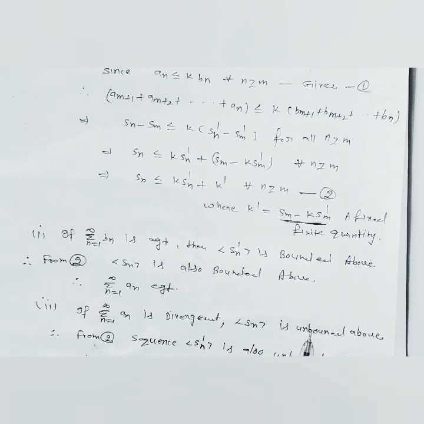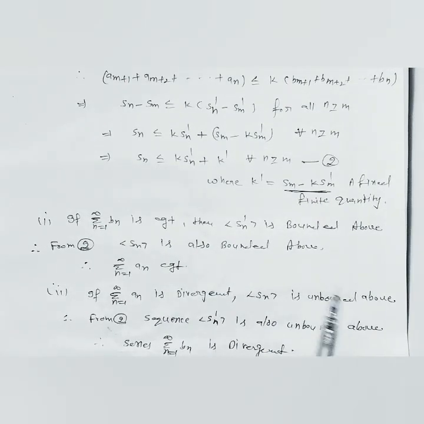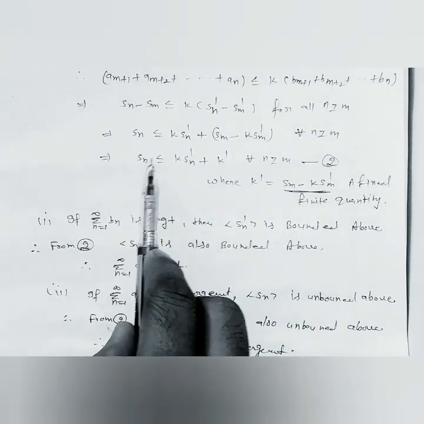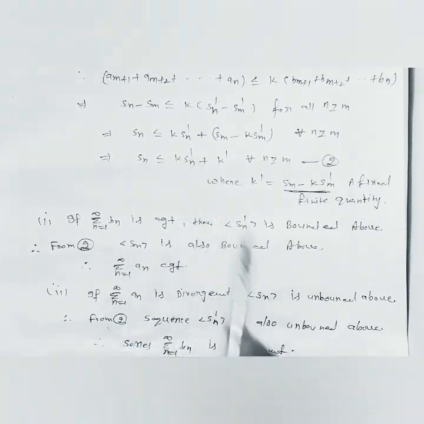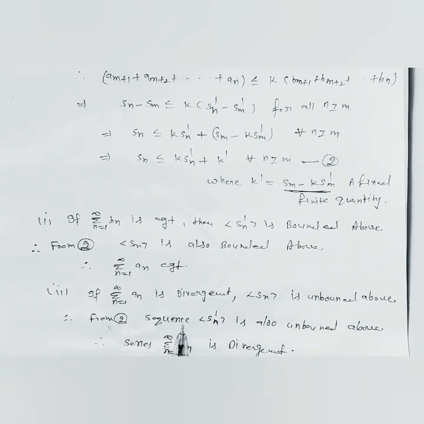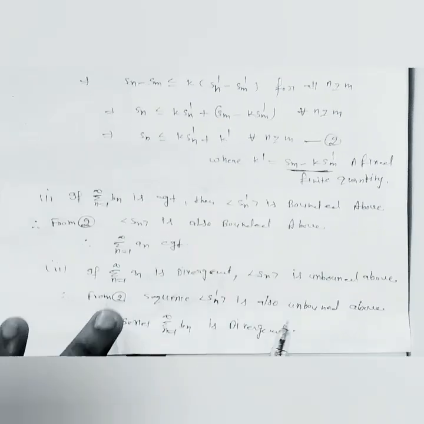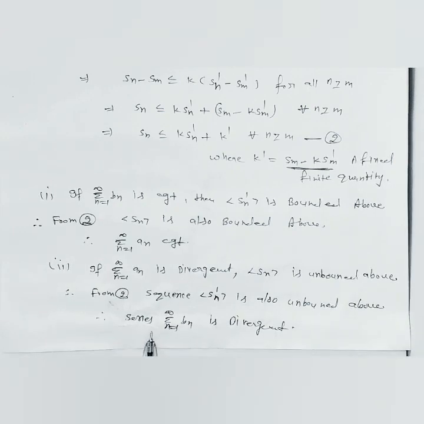So the sequence Sn is unbounded above. So therefore from equation 2, if Sn is unbounded above, then Sn dash is also unbounded above. So therefore the series summation bn is divergent.